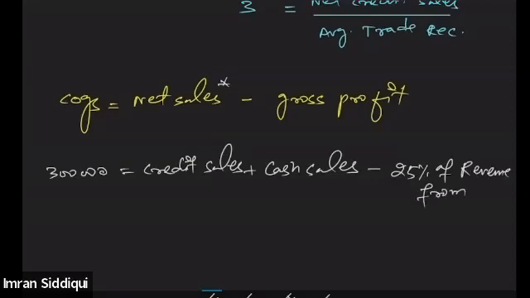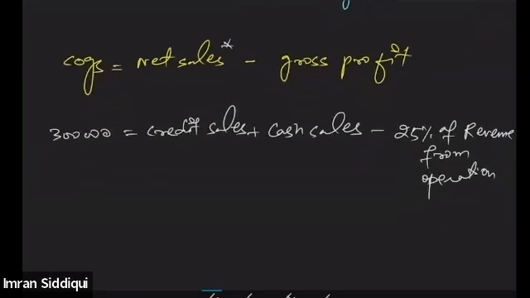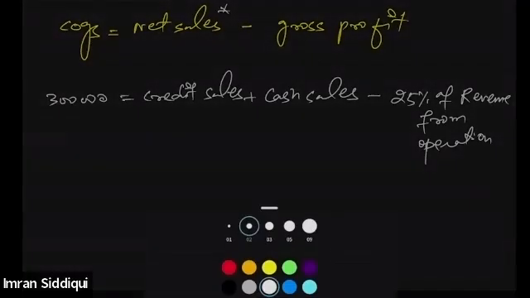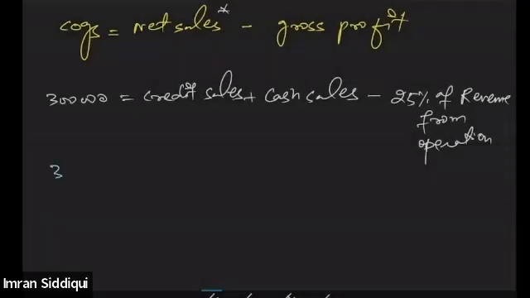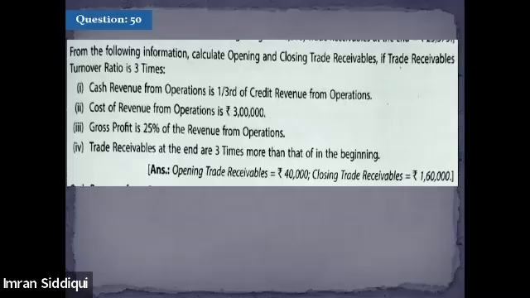Now I'm taking revenue from operation equals to X. So the equation will be 3 lakh. Credit sale is how much? It is given in the question that cash revenue from operation is 1/3 of credit revenue from operation.